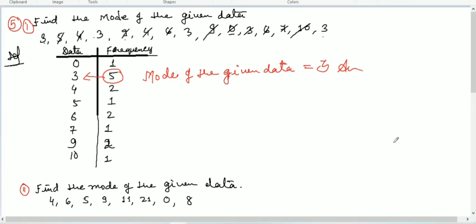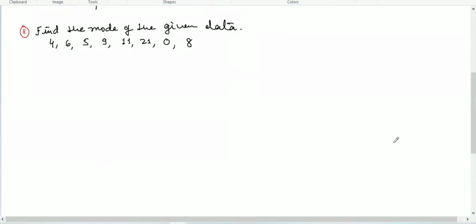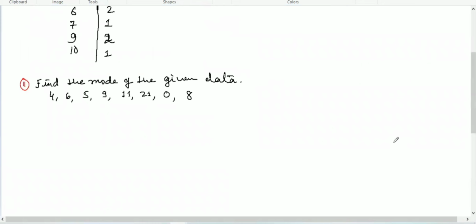Now what about this question here? Find the mode of this given data. Now make the same frequency table here. Here is the data and here is the frequency. Write the data here.